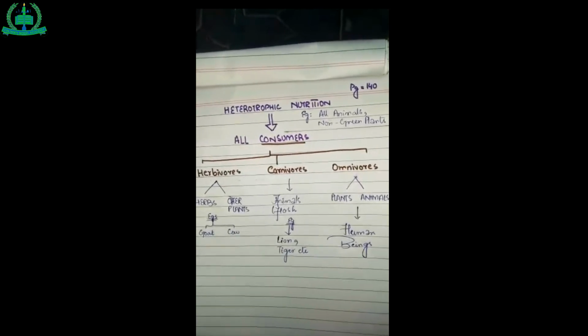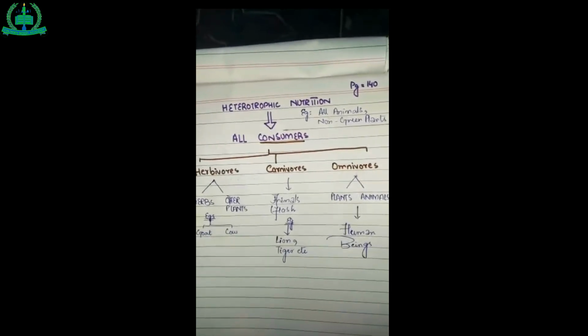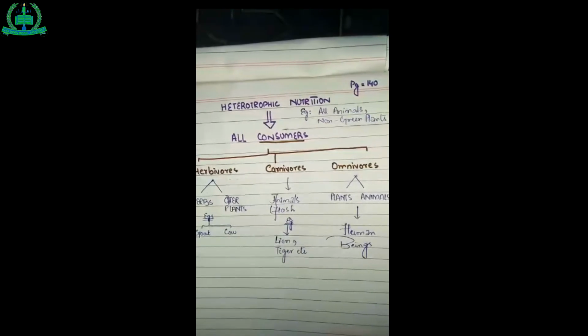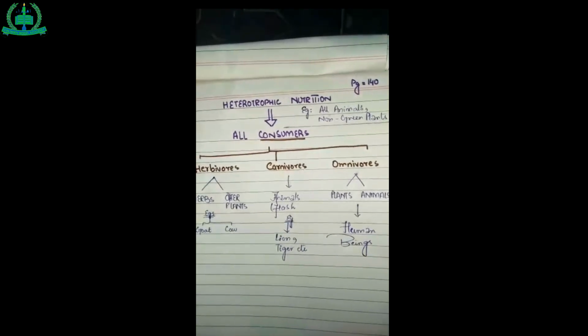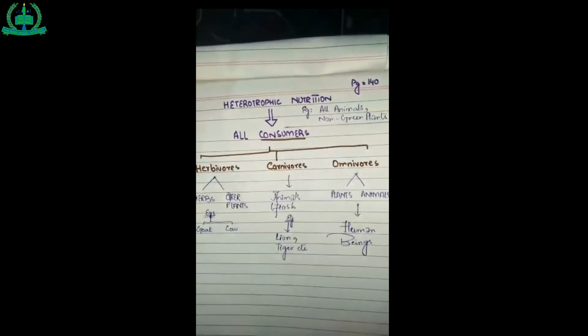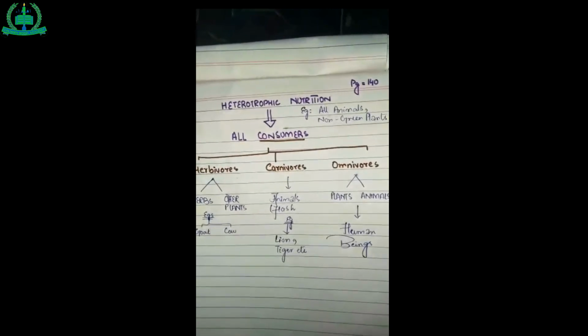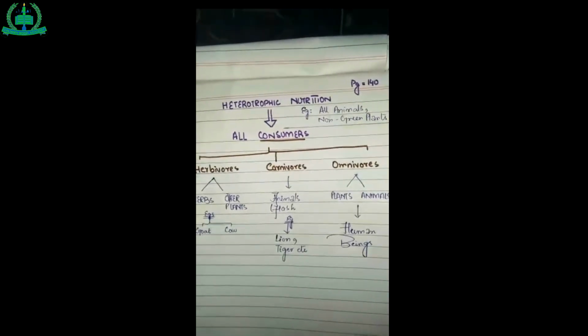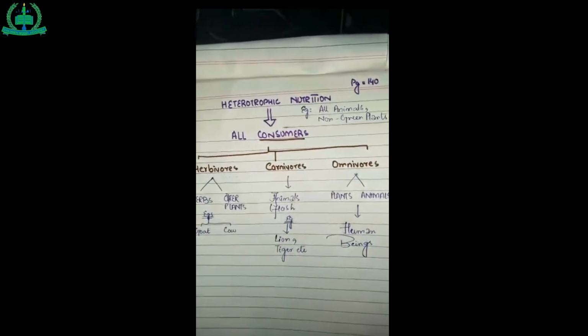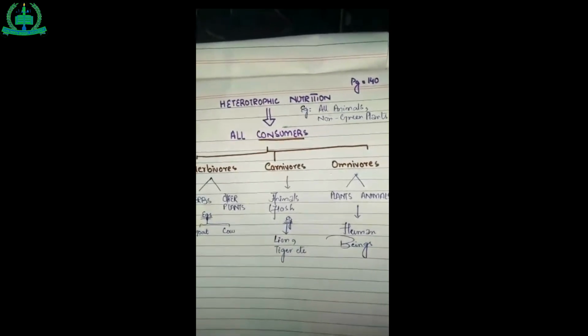We as humans do not give food to the plants, and animals also do not give food to the plants, they make it themselves, right? So they are autotrophs because they are not taking help of any other organism, they are making their food by themselves. But in heterotrophic nutrition, the organism takes help from other organisms, right?